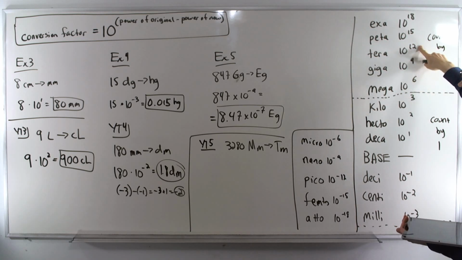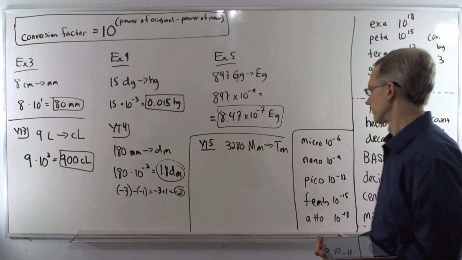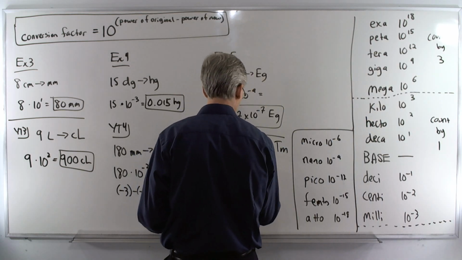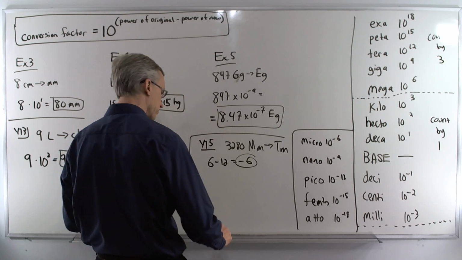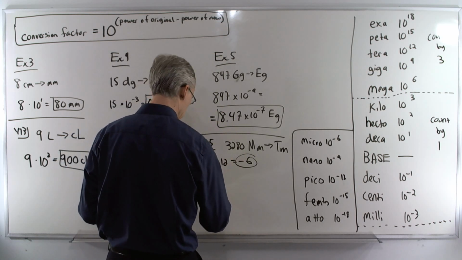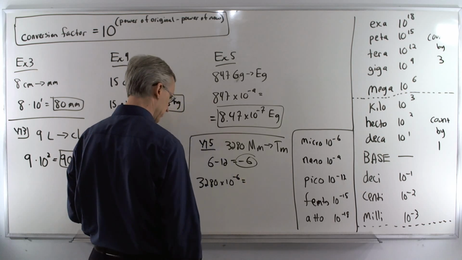So 3, 6. It's in the up direction, so that is negative. Or you can do it by doing 6 minus 12, which gives us negative 6, so that is the exponent on the 10. So we'll take 3280 times 10 to the negative 6.